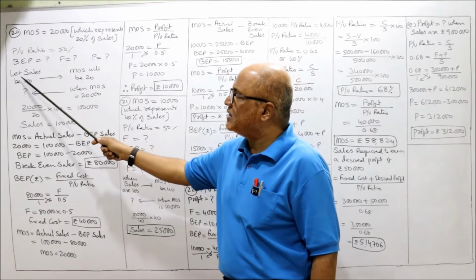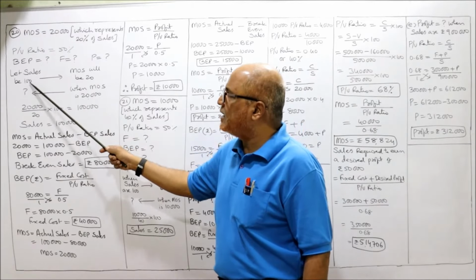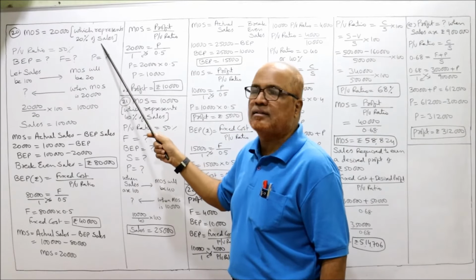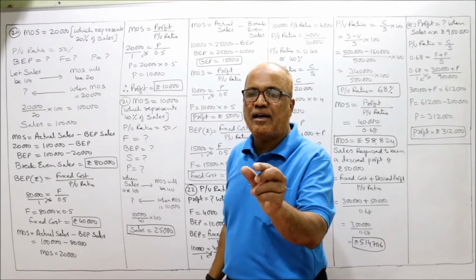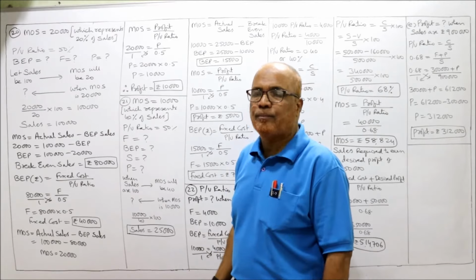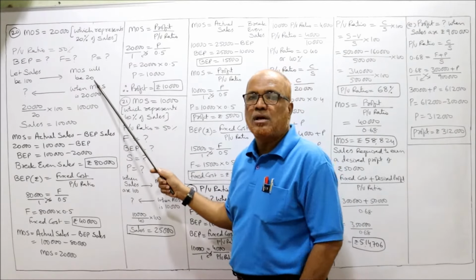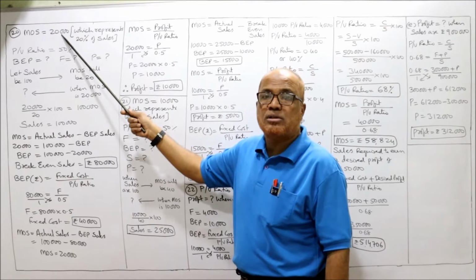So I am writing it here. Let sales be 100. When sales are 100, MOS will be 20, because it is 20% of sales. If we take 100 rupees sales, 20% of 100 rupees is 20 rupees. So we got an equation: 100 rupees sales, 20 rupees MOS. But what is our actual MOS here? 20,000.